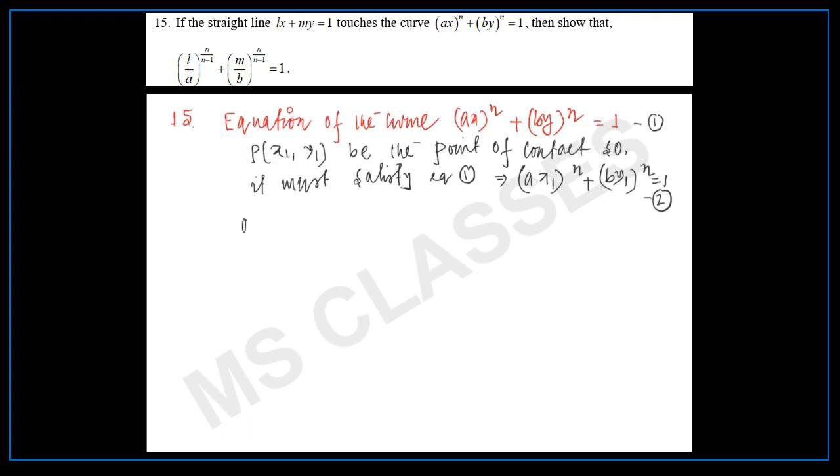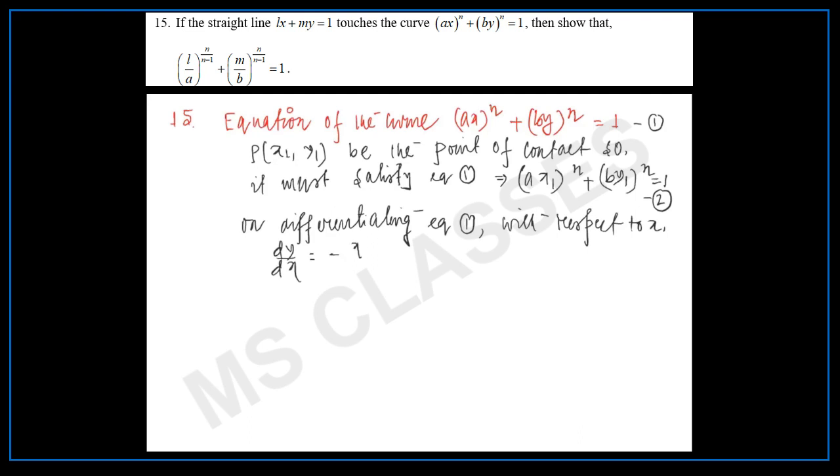So on differentiating equation 1 with respect to x, what we have got: dy/dx equal to minus x to the power of n minus 1, a to the power of n, by y to the power of n minus 1, b to the power of n. dy/dx at (x1, y1) equal to minus x1 to the power of n minus 1, a to the power of n, by y1 to the power of n minus 1, b to the power of n.